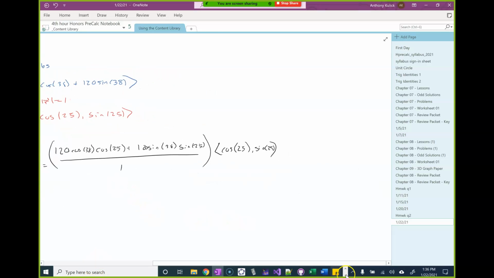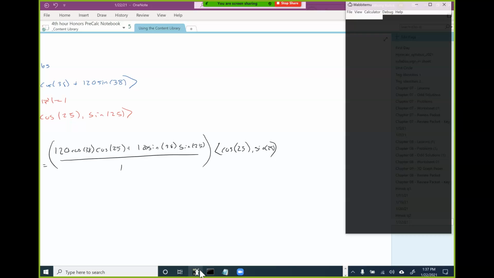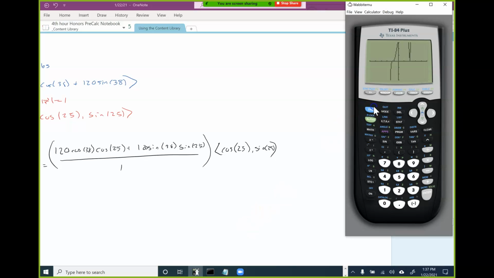So let's fire up our calculator. Do I still have mine open? Either way. I'm going to have 120 cosine 38 times cosine 25 times cosine 25. That's 77.67.